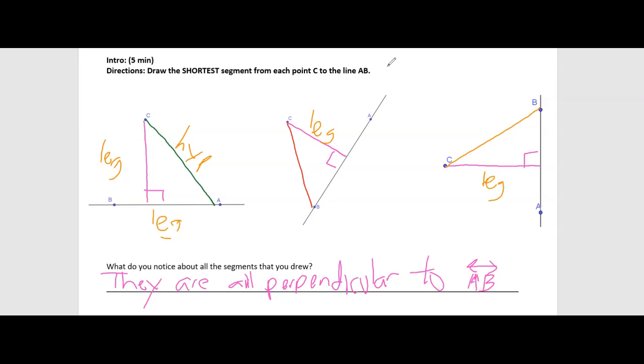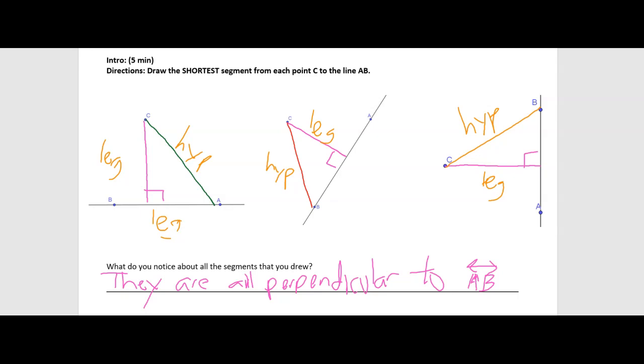But each perpendicular segment is a leg, right? The perpendicular segment is never the hypotenuse. So if the perpendicular segment is never the hypotenuse, it's never going to be the longest side, right? Because any other side that you could draw here ends up being a hypotenuse.